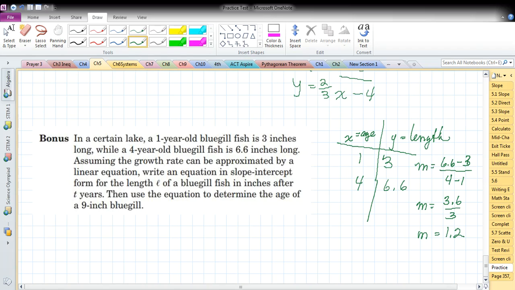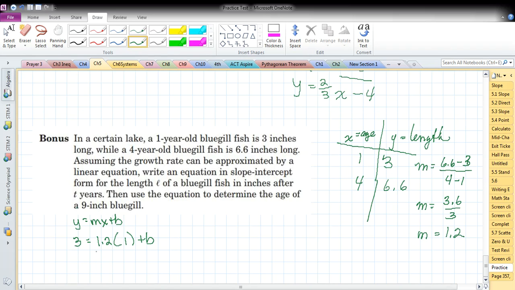All right, so now I can start with y equal mx plus b. I know that the only thing I do not know is my b, so I'm going to take one of those points and plug it in. So I'm going to use the point 1, 3. So I'm going to put my 3 for y is equal to m, which is 1.2, times x, which is 1, and I do not know b.